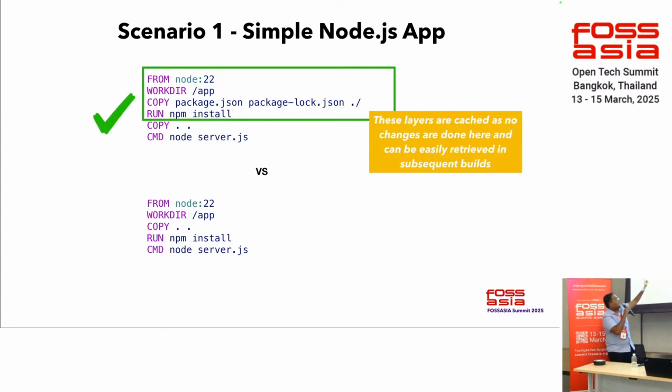So these layers are cached, right? What do you guys think? You guys agree? Yeah. So option A is a better way to write your Dockerfile than option B if you want to ensure that your subsequent build times are faster.